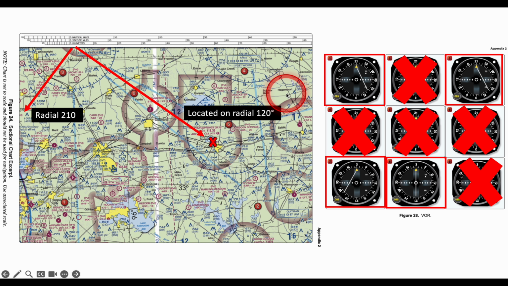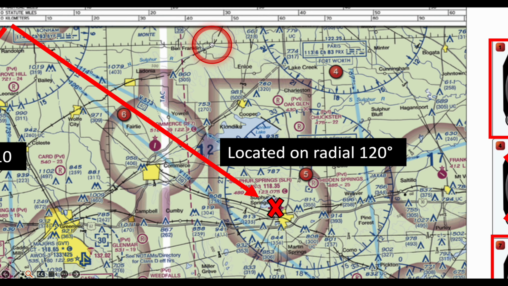So that would place the airplane somewhere over here, which would be incorrect. If you remember, anytime we're located at a 90-degree angle to what we programmed, we're not going to have a flag indication. So anything with a flag would also be incorrect, but we can confirm that just by looking at these figures. Number 1 would imply that the airplane is somewhere over here, which is not correct. We're at a 90-degree angle over here.